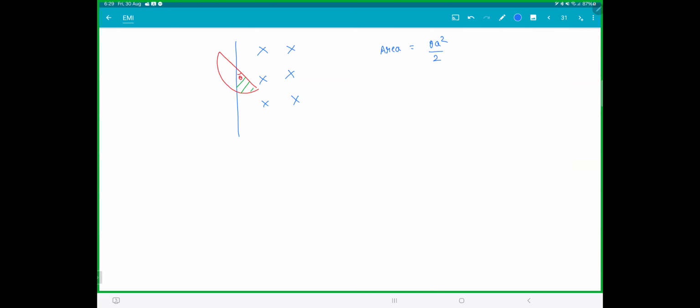For 2 pi, area is pi a square; for theta, what is it? You can use the unitary method. So flux will be theta a square by 2 into magnetic field. So EMF, I'll just get the magnitude from here, will be a square B by 2 d theta by dt. So magnitude is constant. That is what you should say. You should not say EMF is constant. It is a square B omega by 2.